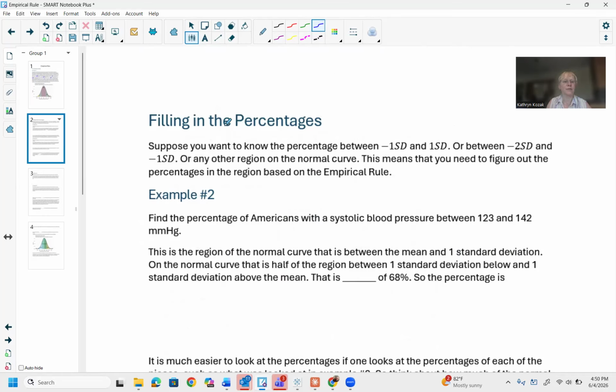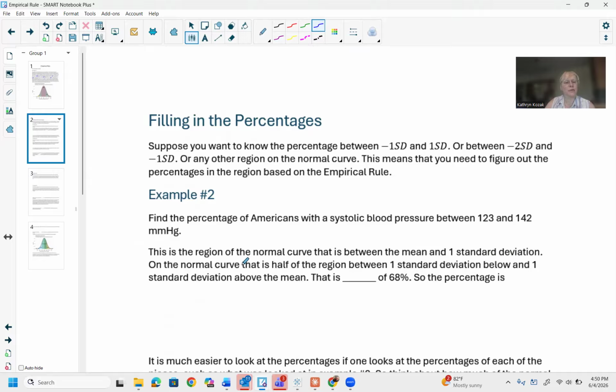Now we're going to fill in the percentages we might want to have. Suppose you want to know a percentage between -1 standard deviation and 1 standard deviation, or between -2 standard deviations and -1 standard deviation, or any other region on the normal curve. This means that you need to figure out the percentages in the regions based on that empirical rule.